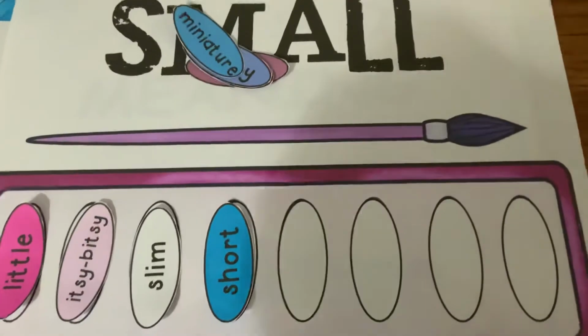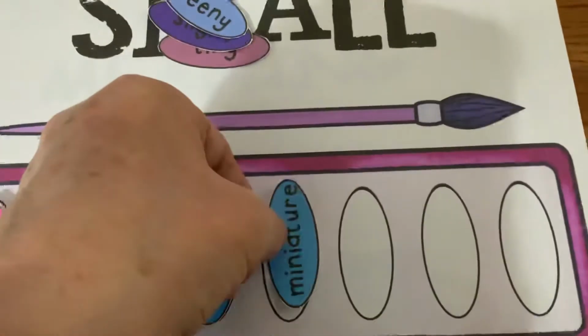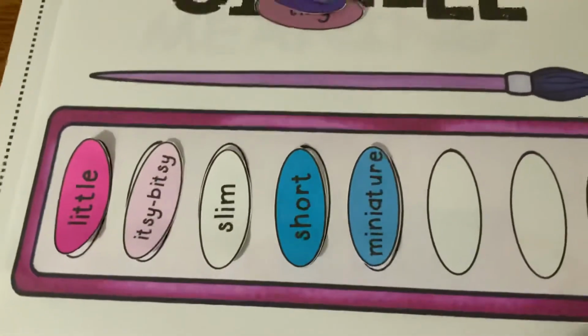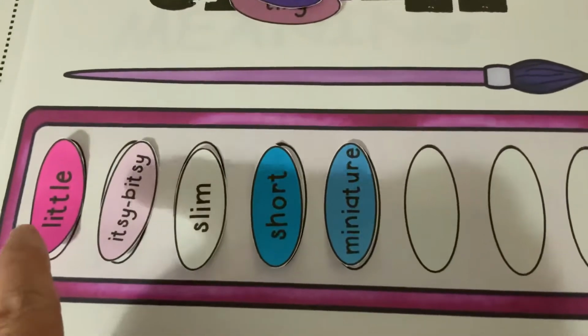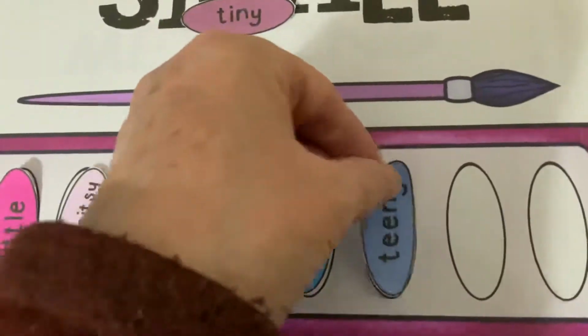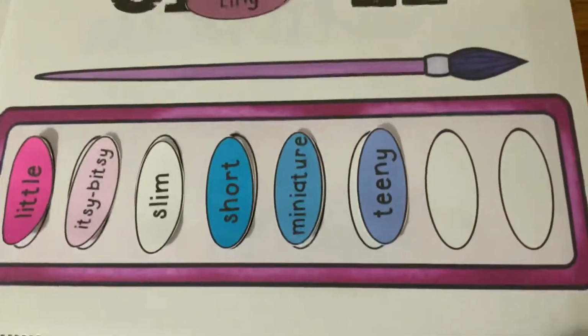Short gives the idea of how tall something is. Here's another word, miniature. Miniature, very small, okay? Very little, okay? Just a tiny little thing. Or teeny. Teeny gives us the idea of something very small.